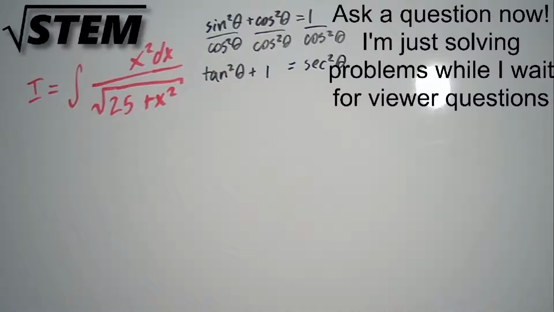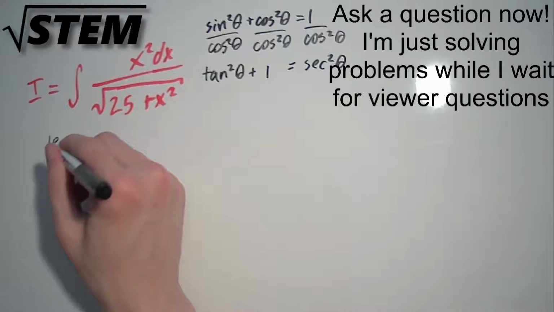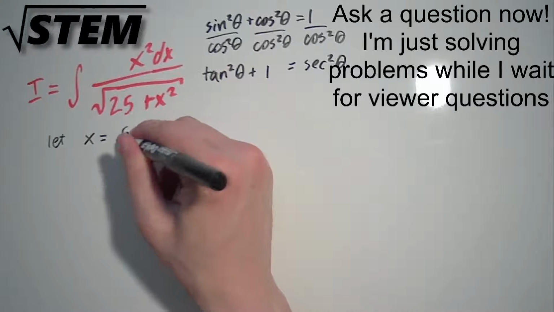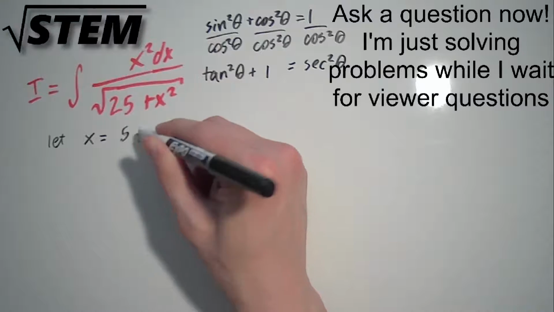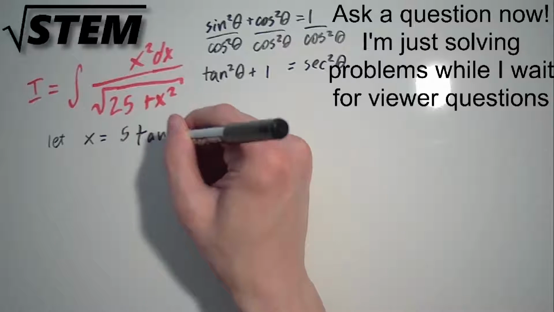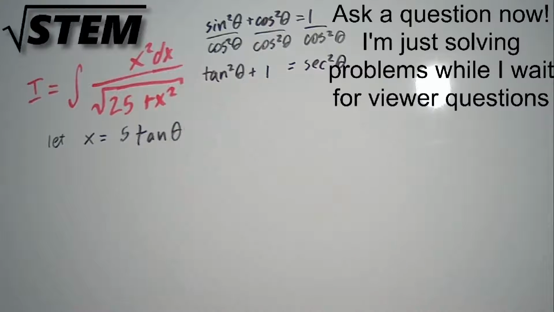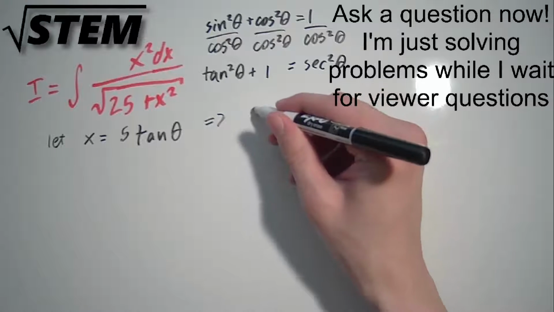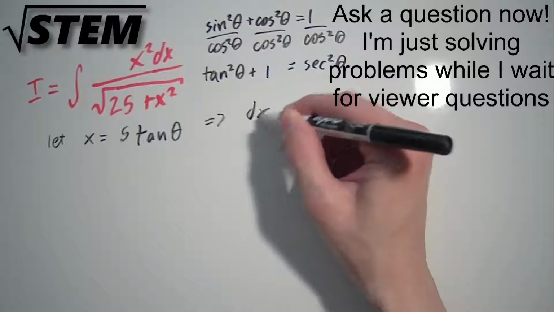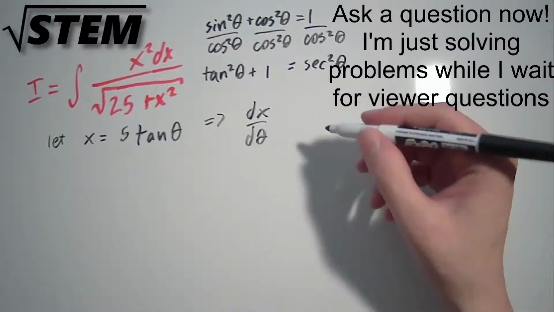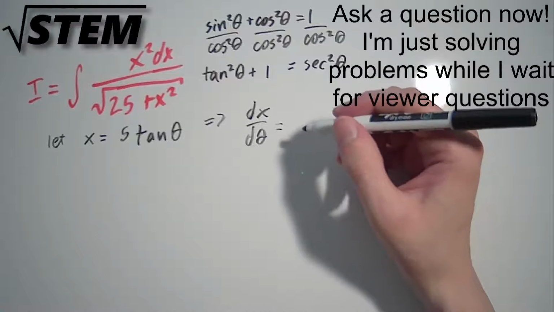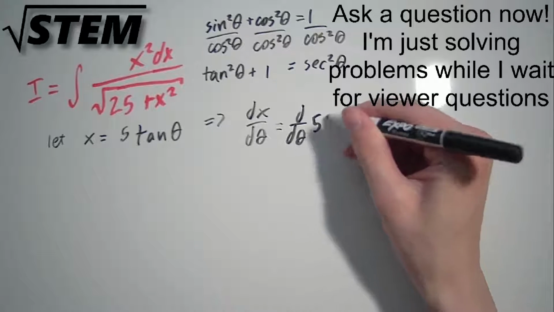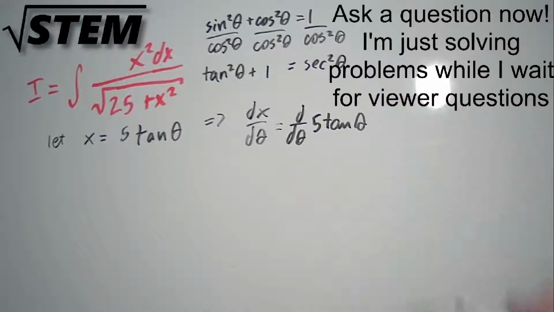So why don't we let x equal 5 times the tangent of theta. Then that tells us that the derivative of x with respect to theta, oh, my marker's going, is d theta of 5 tangent theta.